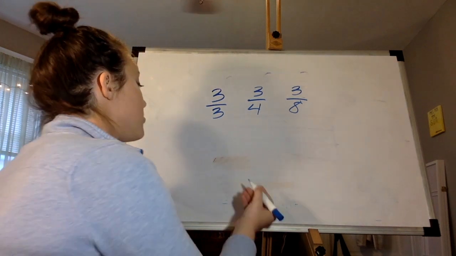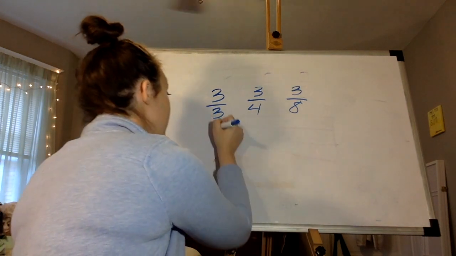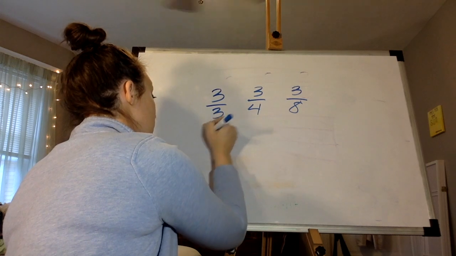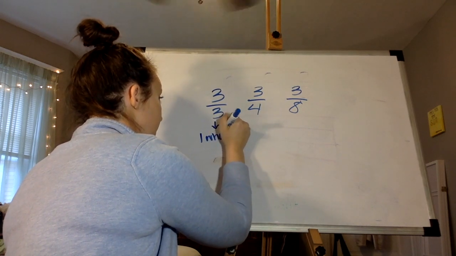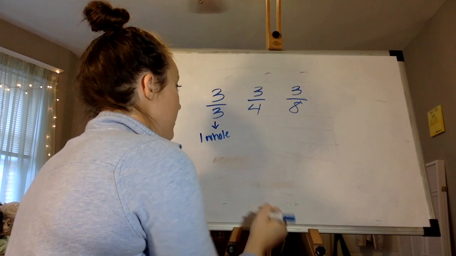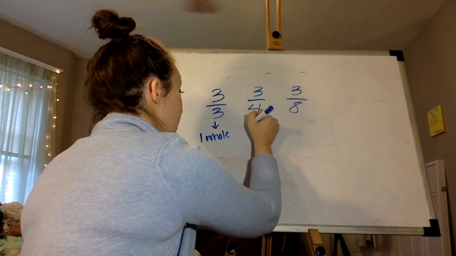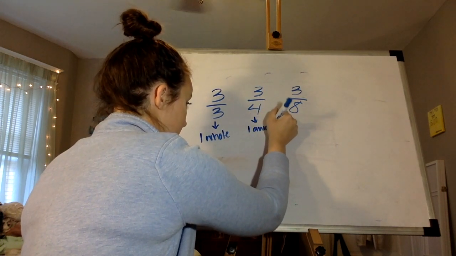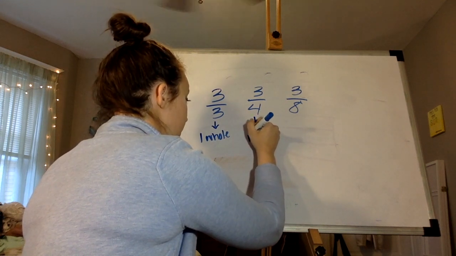3/3 is equal to 1/2, okay? That is, draw a little arrow, that's 1/2. All right? 3/4 is 1 away from 1/2.